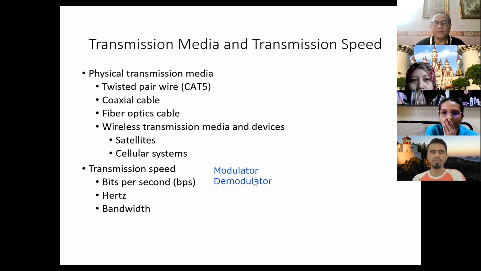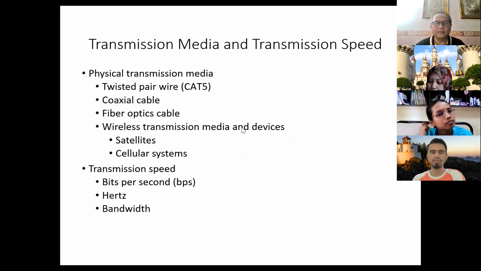There are several types of transmission media. I think the most popular is twisted pair wire, Cat5, the network cable. There are two types of connectors: RJ11, for telephony, and RJ45, for the network cable, which can be UTP5, UTP6.